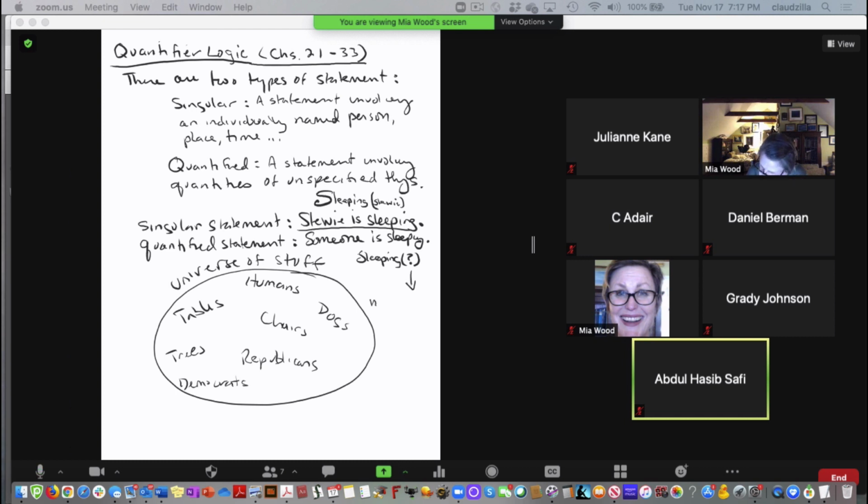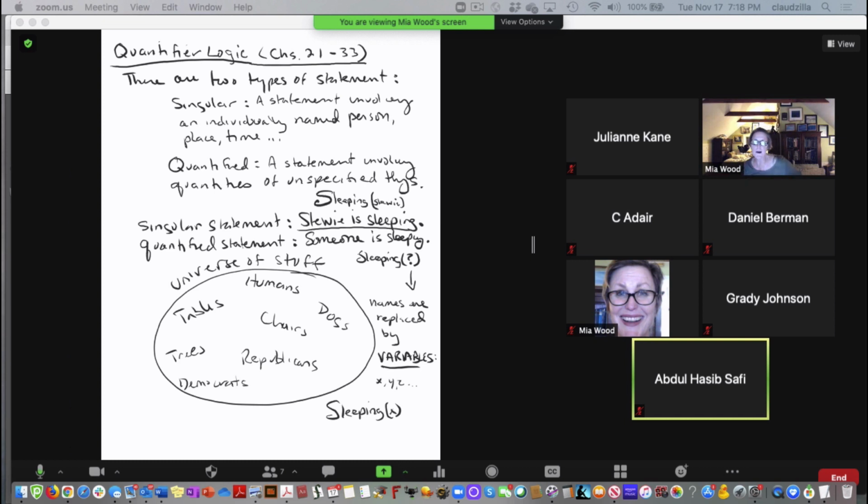Names are replaced by variables, which are going to be lowercase x, y, z. Variables are just placeholders. So we get sleeping x. But the question that still remains is, how many? How many entities are sleeping?